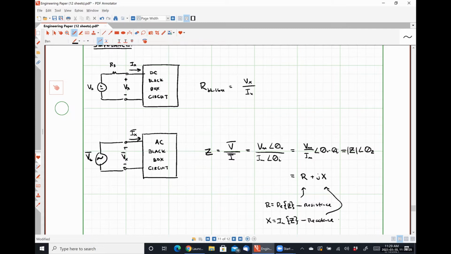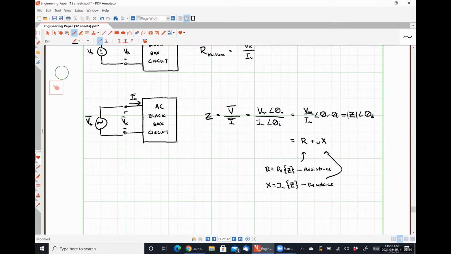We can use that to classify the behavior of an unknown connection of elements, whether it behaves inductively or capacitively, based purely on the sign of the X value here, which also turns out to relate exactly to the sign of the angle θZ in the polar form of the impedance.